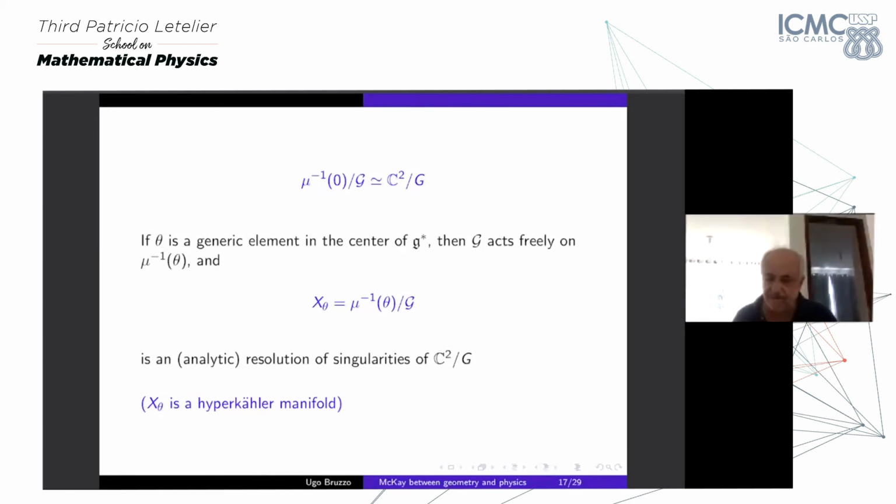This is true for every generic value of theta. You get the same manifold. This manifold comes with some additional geometric structures, which I will mention at some point. And these structures depend on theta, but not the manifold itself. And this manifold happens to be a hyperkähler manifold.